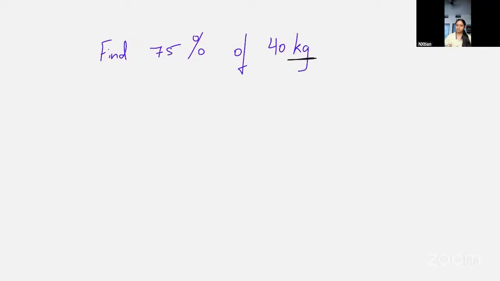You may say, ma'am, we've written the right answer, but do you know that in exams, marks are cut on this? If you don't write the unit of measurement from the question along with the answer, marks are cut. If rupees is there, write rupees. If kg is there, always write kg. If liter is there, write liter. Otherwise, maybe 1 mark is cut for this. So it will be 30 kg.